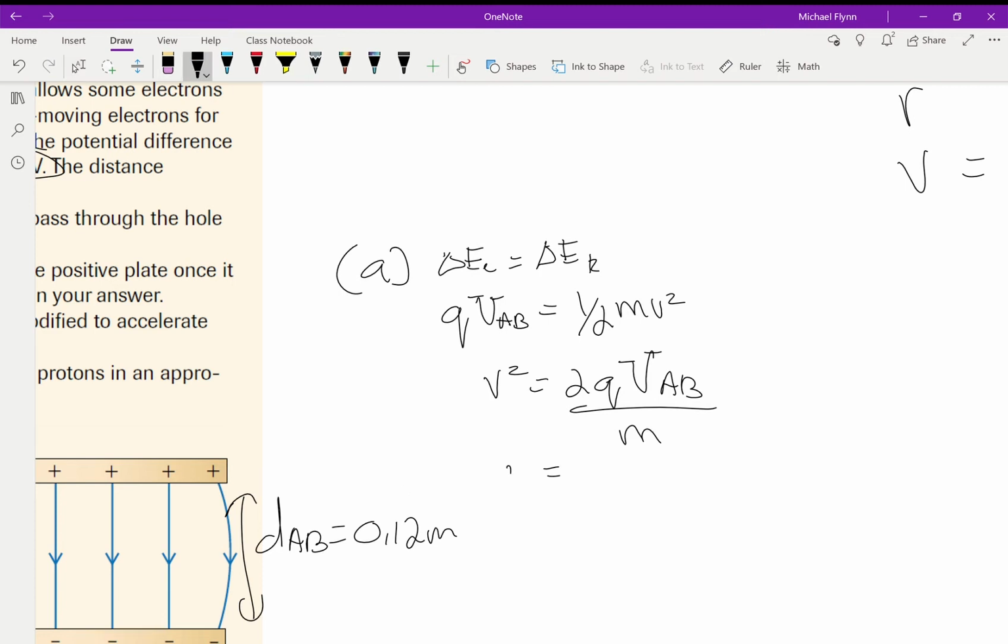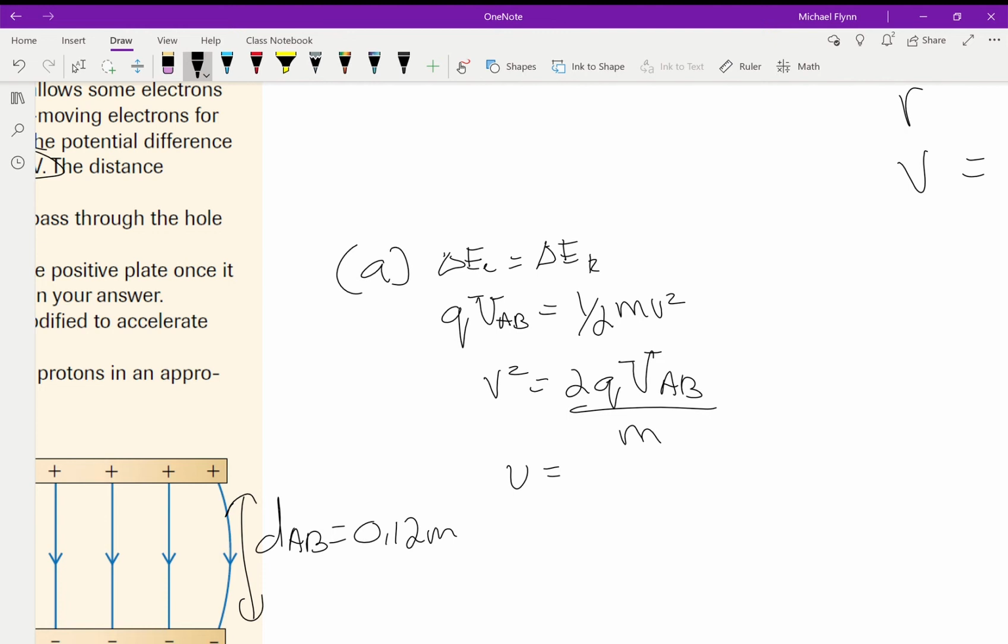So anyway, let's solve it for v. I'm going to plug it in. I'll just say it as I'm doing it. I got 2 times 1.602 times 10 to the negative 19, remember, no negative sign, times 1200 volts, divided by 9.11 times 10 to the negative 31 kilograms. And I get this big number.